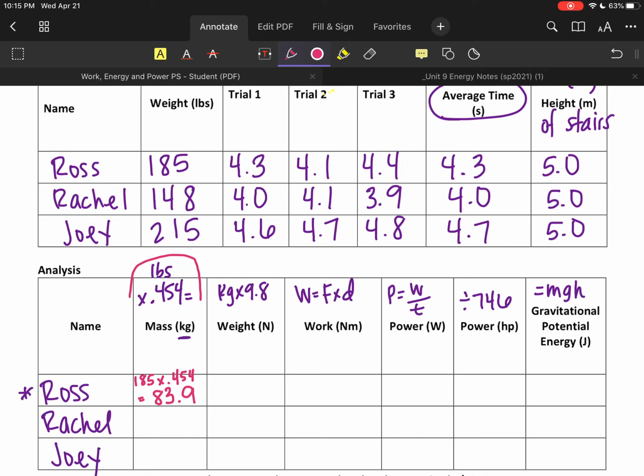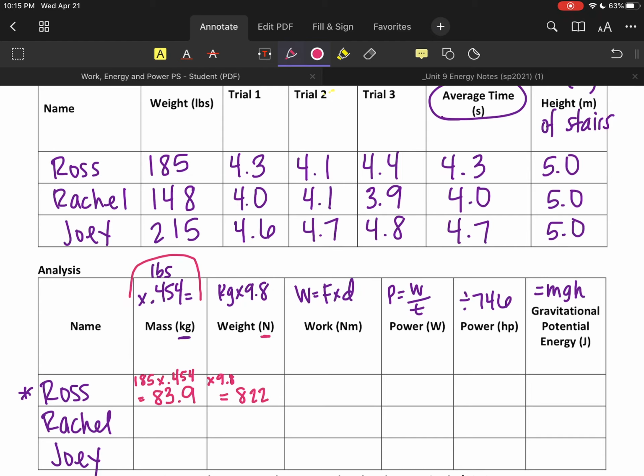Remember, I'm just going to multiply my answer from the box before, which is pretty much what we'll be doing through this whole thing. I get 822. We'll just leave it at a whole number since our numbers are getting bigger. So that's the weight of Ross in newtons.